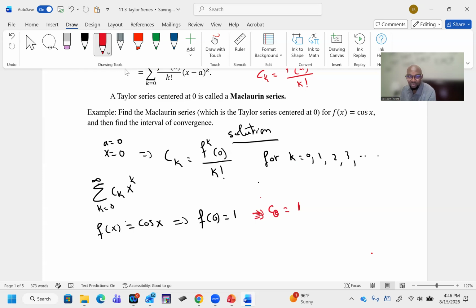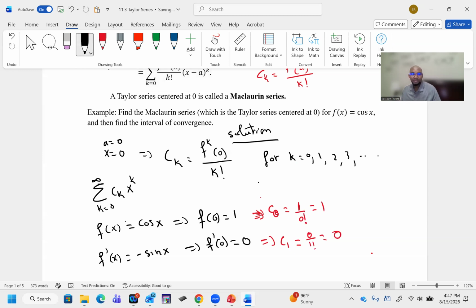And f prime of x is negative sine x, which means f prime of 0 will be 0. So my c sub 1, I want you to follow this pattern, okay? My c sub 1 will be 0 divided by 1 factorial, which is 0.